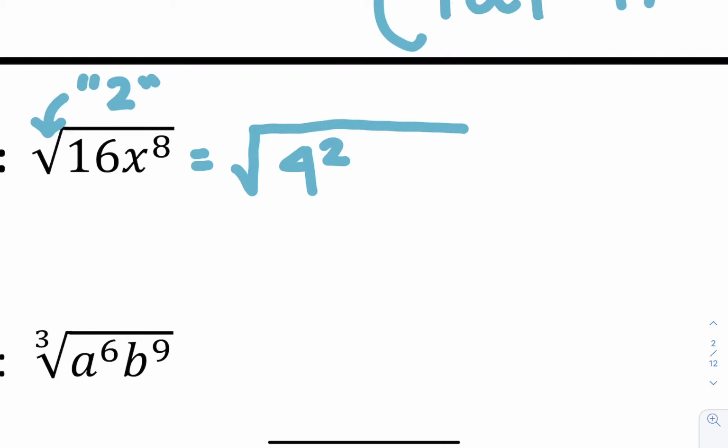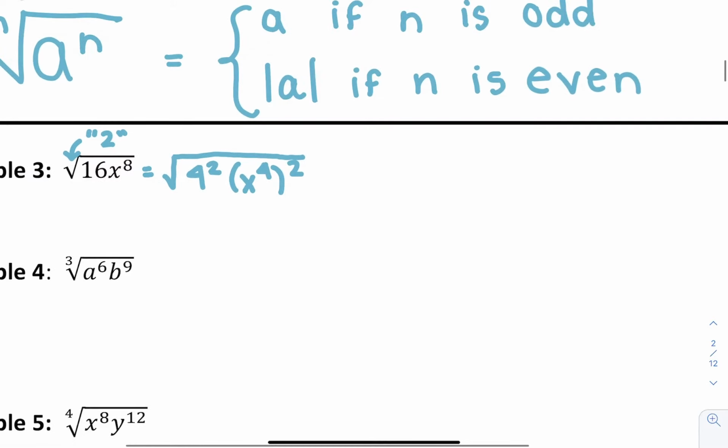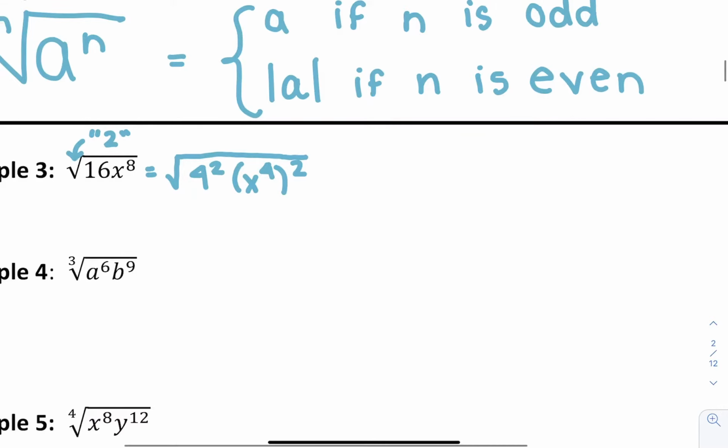How can I rewrite x to the 8th so that the exponent is 2? If we think back to our exponent rules, what number when I multiply in is going to give me 8? It would be a 4. So now I have some number squared times some number squared, and I'm taking the square root.